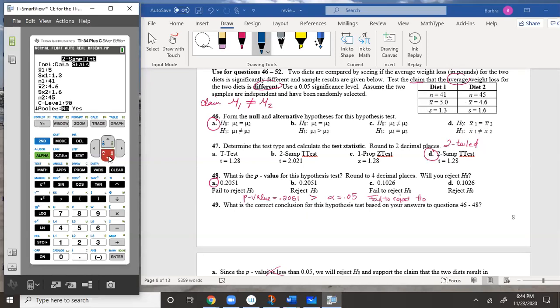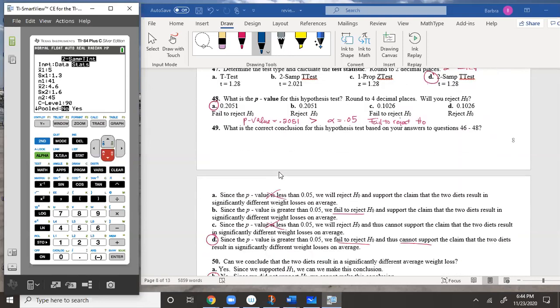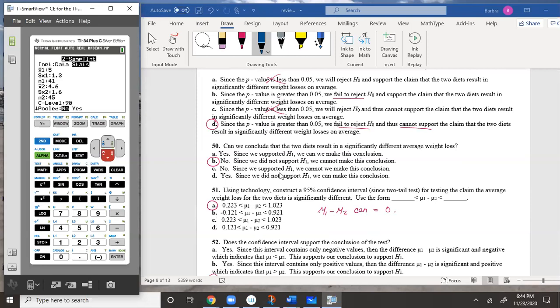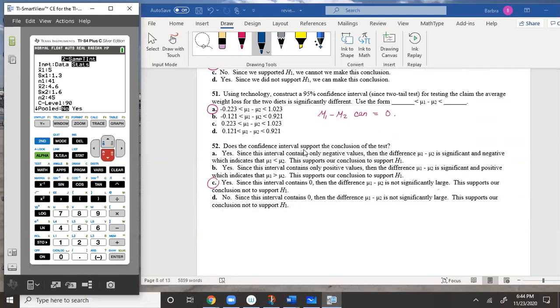It should have imported. If not, make sure it's in there. What's the C-level? For number 51, 95. Don't forget to change the C-level. And the interval is negative 0.223 to 1.023.